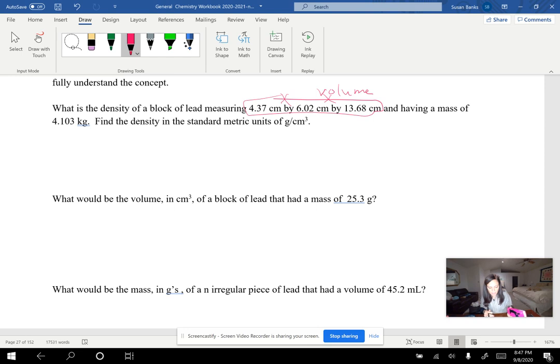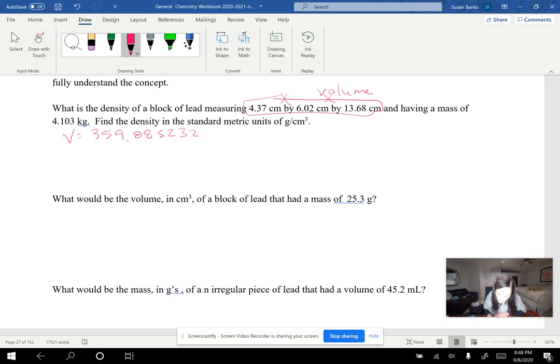So I'm going to take 4.37 and 6.02 and 13.68, and I'm going to multiply them all together. And when I do that, I get a volume of 359.885.